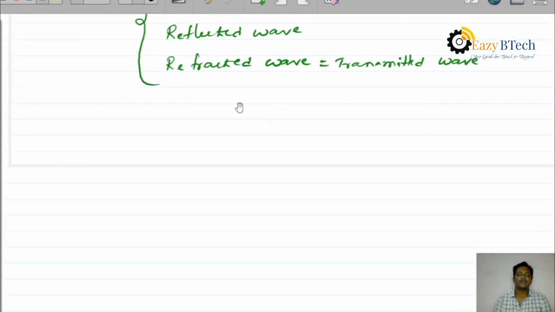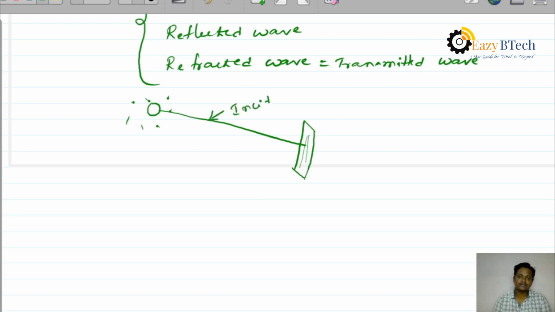Suppose, for example, we take a mirror. The sun rays are falling on the mirror. For understanding purposes, I'm taking this simple example. These rays are called incident rays.